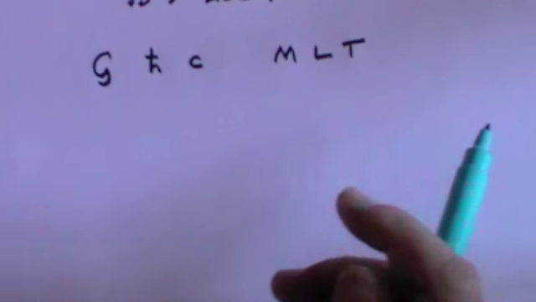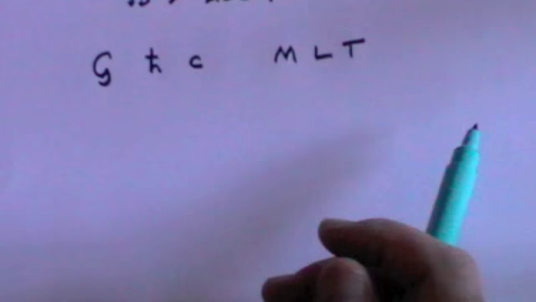Now, what is the Planck mass and how do you find it? Well, what you say is that you want some combination of G, h bar and c that will give you a dimension of mass.